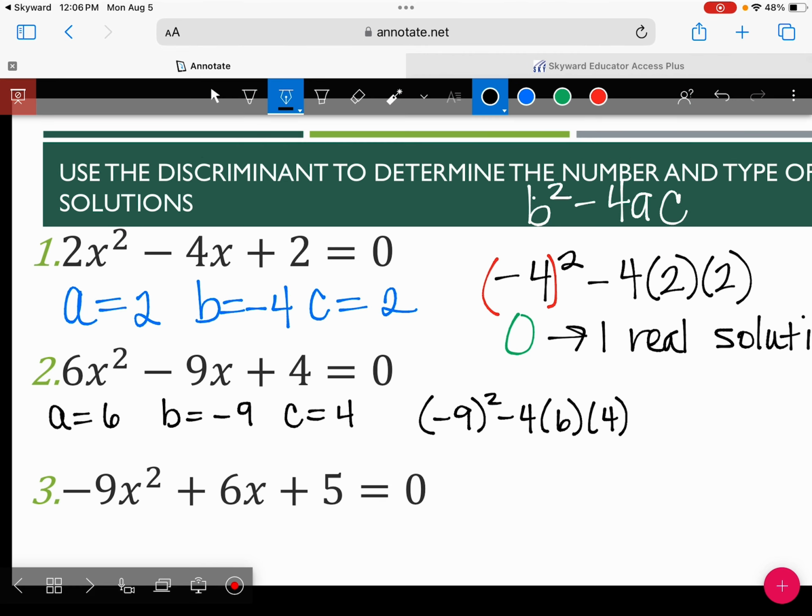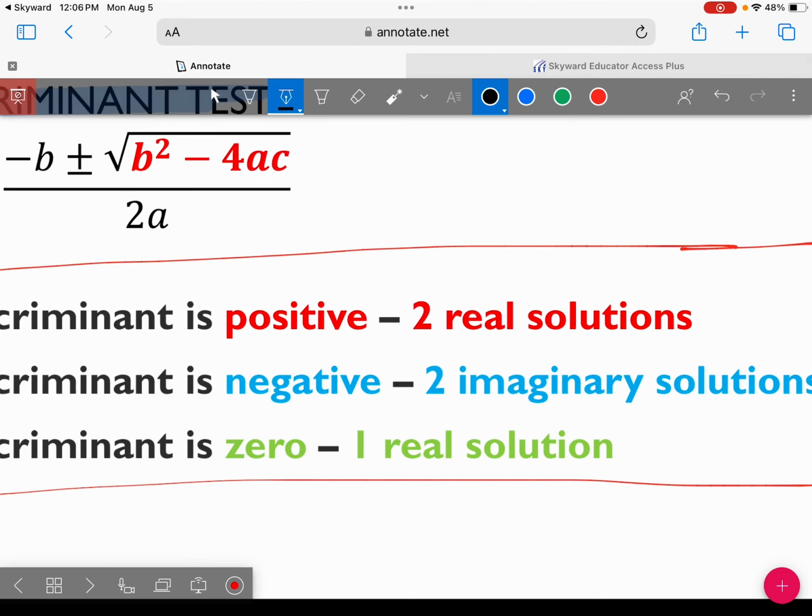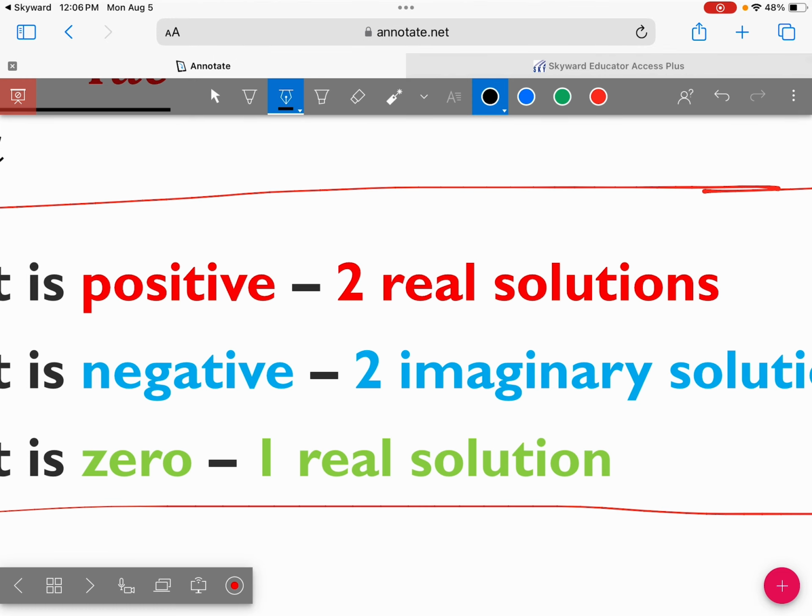And then again, all you're going to tell me is, do we have one solution, 2 solutions, or no solution? On the cutout where it says, when it says negative, you might want to write that 2 imaginary is the same as saying 0 real. So if you have 2 imaginary, that means you just have no x-intercepts. That's what that means.